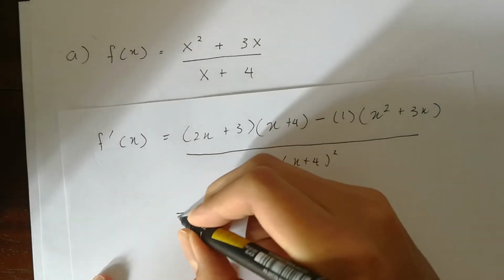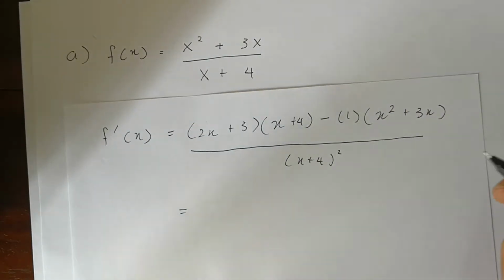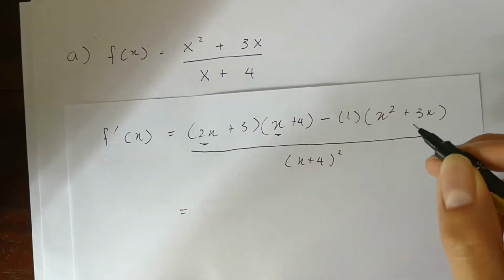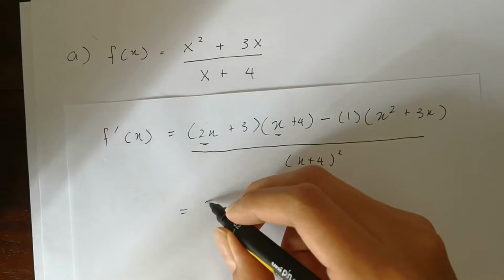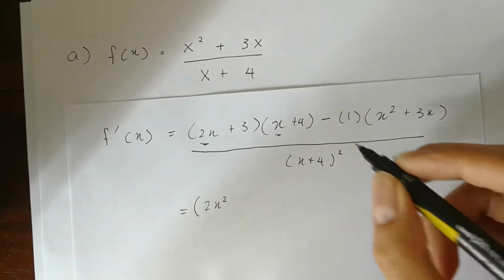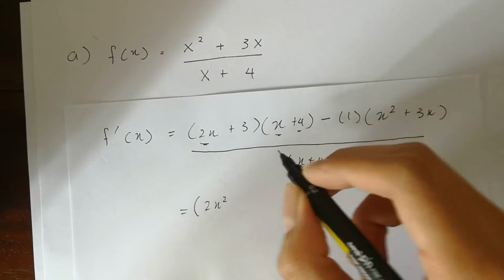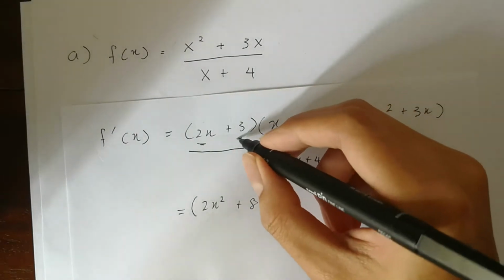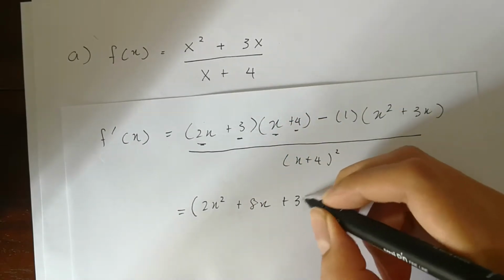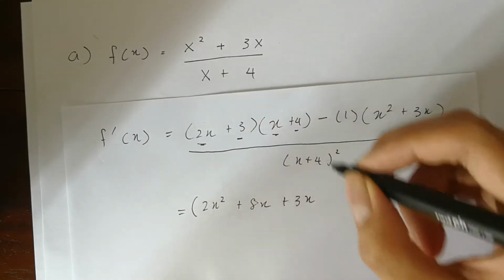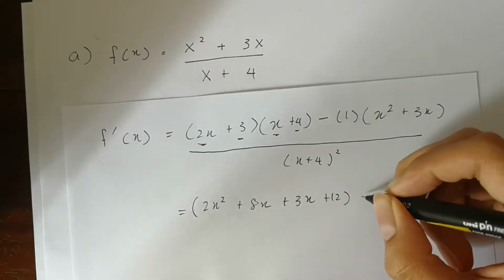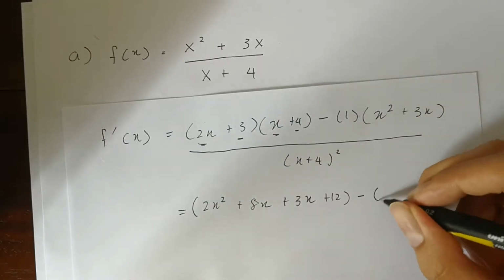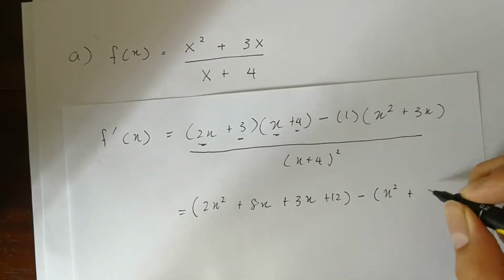Now all we have to do is simplify the answer. First, distribute 2x with x, you get 2x squared. Distribute 2x with 4, you get positive 8x. Then distribute 3 with x, you get 3x, and distribute 3 with 4, you get positive 12. Minus 1 times x squared, you get x squared, and 1 times 3x, you get 3x.